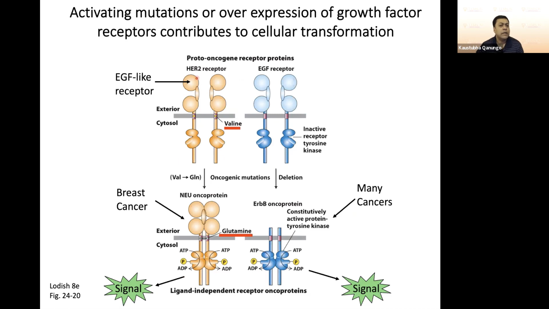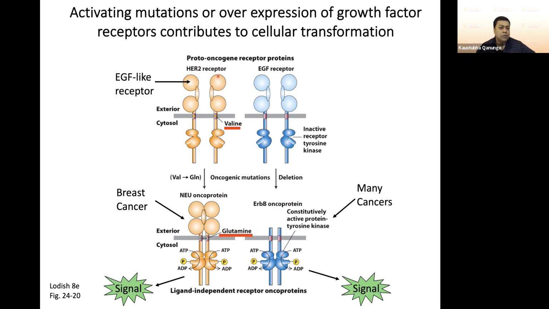So here is also an EGF receptor. Remember that all these EGF receptors are a family of receptor tyrosine kinases. They work the same way. This HER2 receptor is implicated in breast cancer, where a valine is changed to a glutamine. This is a very specific question, but it is important. So remember this one, a little bit of a memorization question.